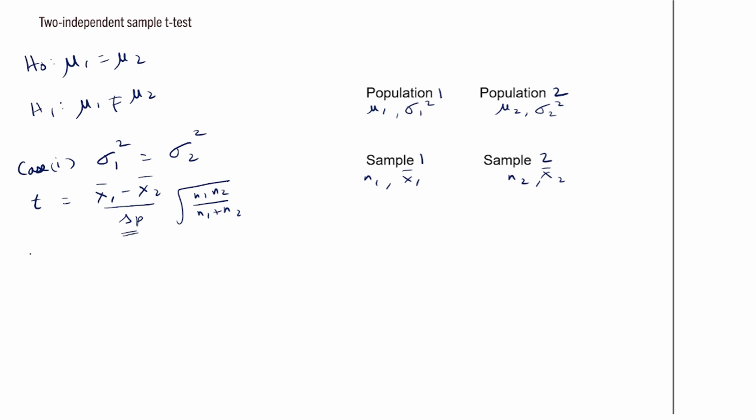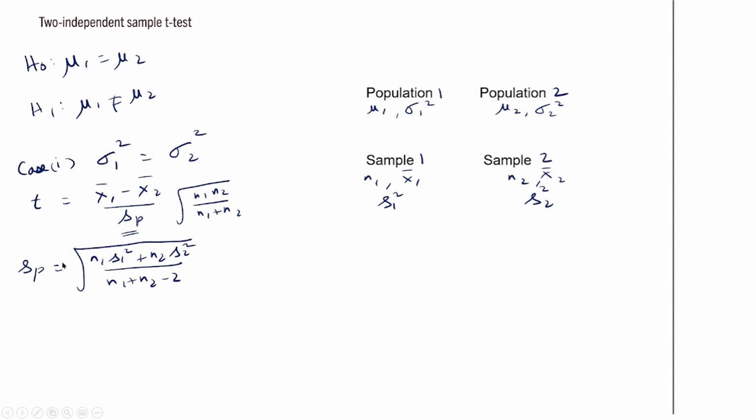Now this SP is called the pooled variance. You can use small s or capital S. This SP is calculated as root of n1 s1 square plus n2 s2 square upon n1 plus n2 minus 2, where s1 square and s2 square are the sample variances.